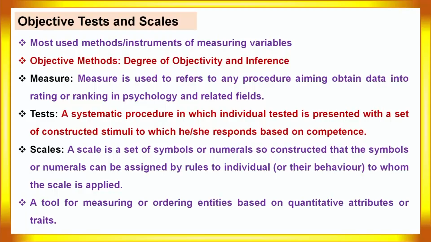Objectivity can be thought of from two dimensions: one is the degree of objectivity, and the second is the inference point of view. Degree of objectivity means that if a method or instrument is objective enough, two or more judges using that particular instrument or method will assign the same numerals. Maybe I am judging using a number of statements, or judging the color of a particular set of objects.